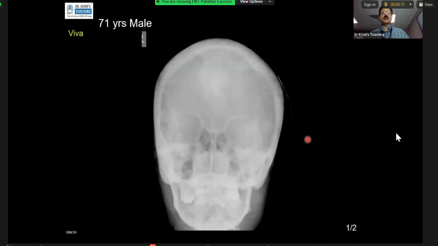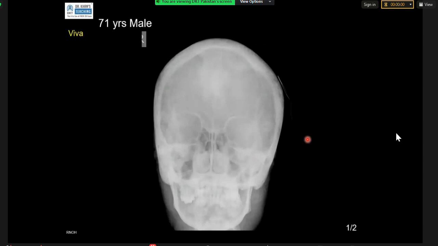Okay, over to you. Yes, I have been presented with a frontal skull radiograph of a 71-year-old male patient. The first observation I noticed is that there is diffuse thickening of the skull vault of this patient. I cannot see any thickening within the mandible. Also, I can see the orbital cavity appears within normal.